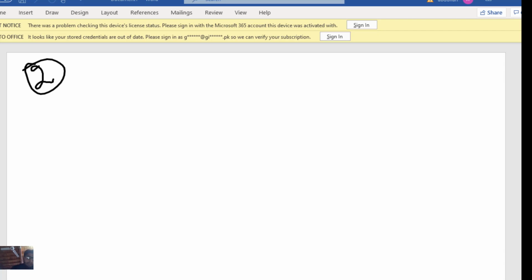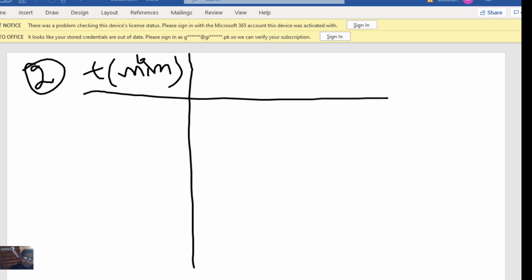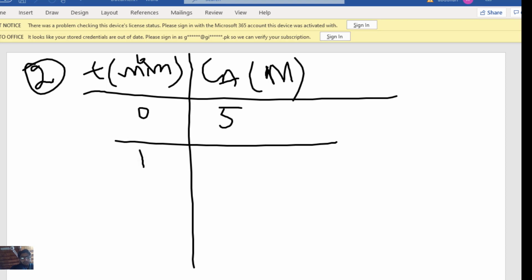We perform some experiment. This is the time, and this is the concentration of A, which is molarity, mole per liter. At time 0, suppose the concentration of A was 5 molar. At time 1 minute, the concentration was 3 molar. At time 2 minutes, it was 2 molar.